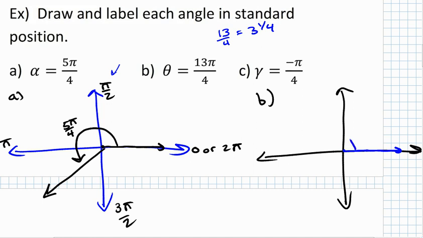So if we start here and we go around, this is just 2 pi. We still have 1 and 1/4 pi left. So we're going to have to go around again and end up in the third quadrant here, and that would be 13 pi over 4. So it is possible that an angle can do more than one revolution, or 360 degrees. So that would be a 13 pi over 4 angle.